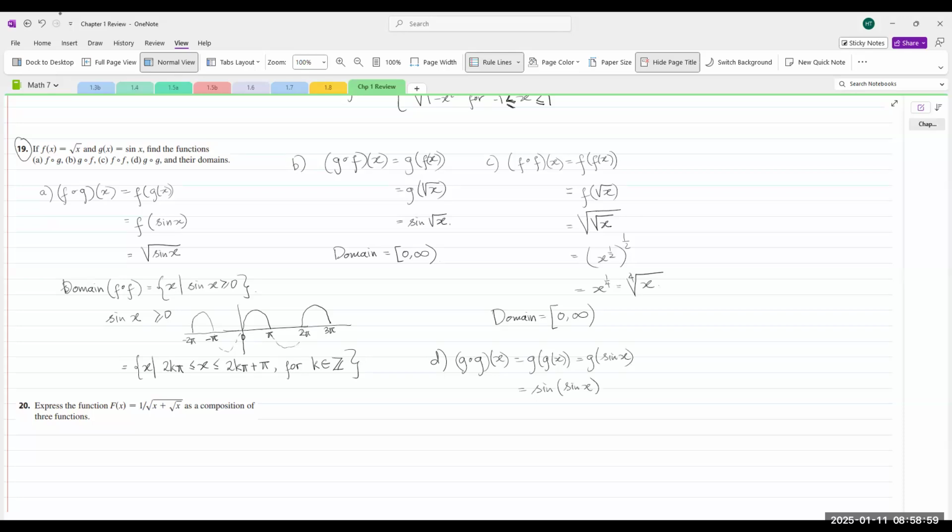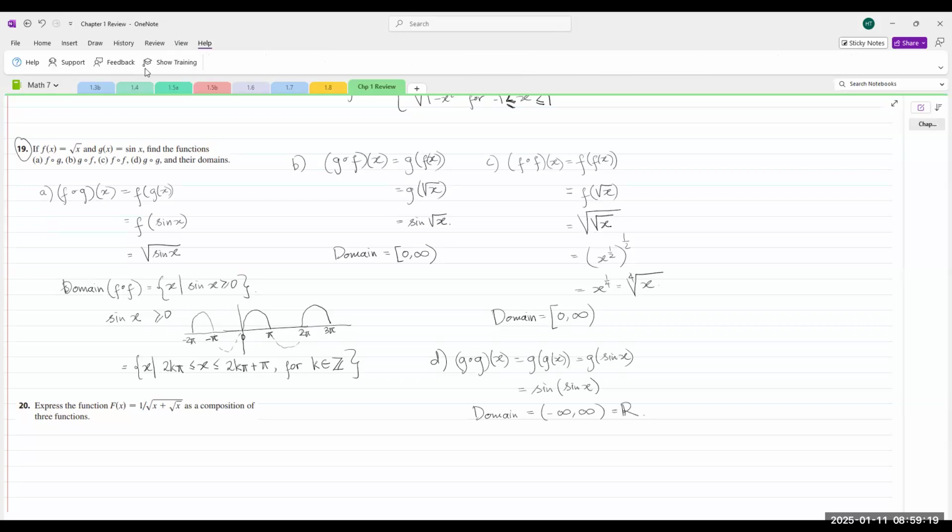But sine x has an all real numbers domain, so this is perfectly okay. We don't need to avoid anything. The domain is negative infinity to infinity, or we can just simply write it as all real numbers. Okay, that's for number 19.